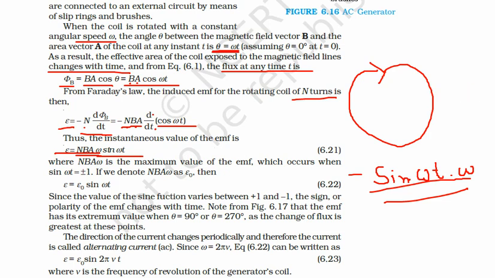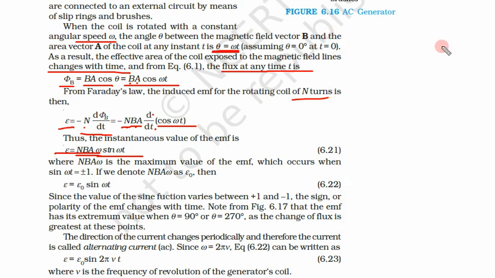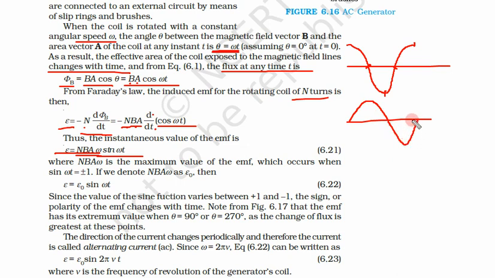If you remember, we have studied wave phenomena or oscillations. Waves can be of two types. A cos wave starts from 1, goes to 0, then minus 1, 0, plus 1. And what about the sine wave? Sine wave starts from 0, goes to 1, then again goes to 0.